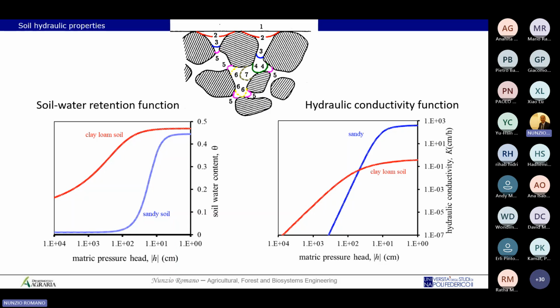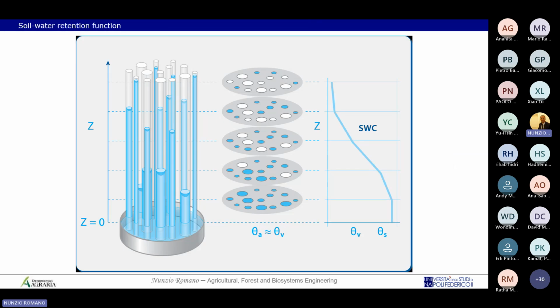the water retention function if you remember what we did at the beginning of this talk, the capillary tube model. We consider the model of the soil as a bundle of capillary tubes of different diameters.